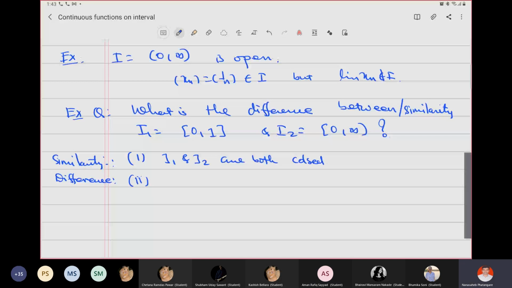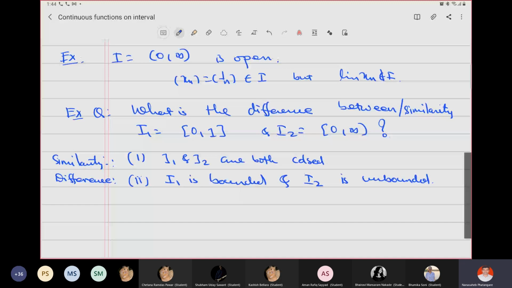Do you understand bounded set and unbounded set? That means I1 has a lower bound as well as an upper bound, but I2 does not have an upper bound. Is it clear? Thus, I1 is closed and bounded, whereas I2 is closed but not bounded.